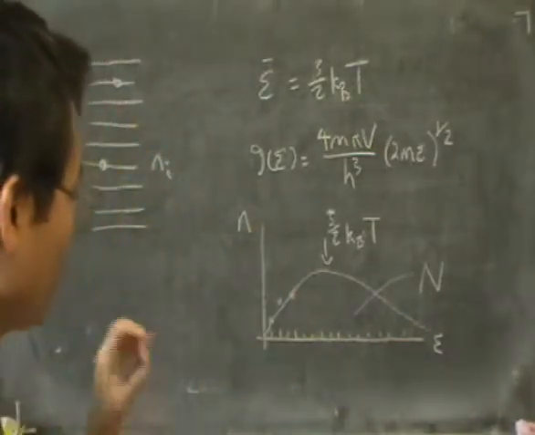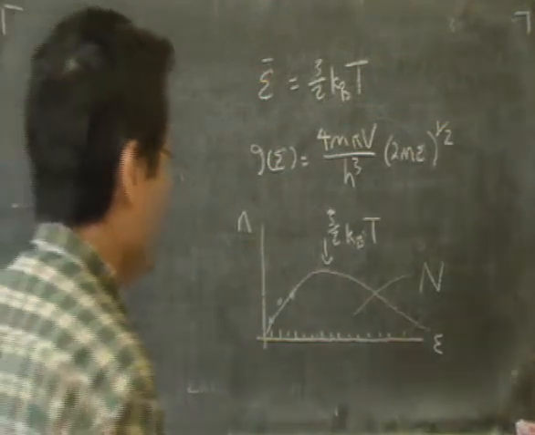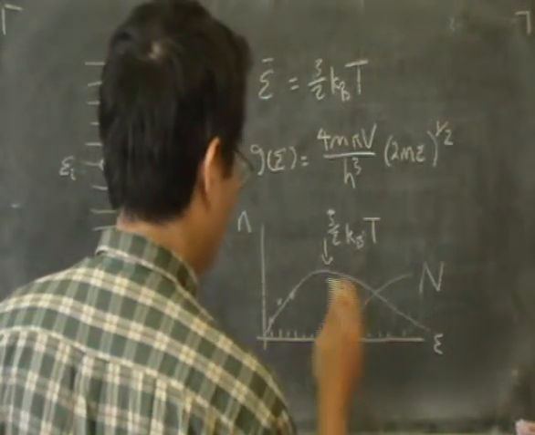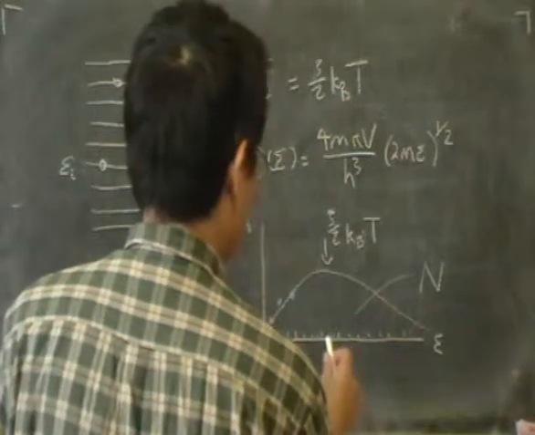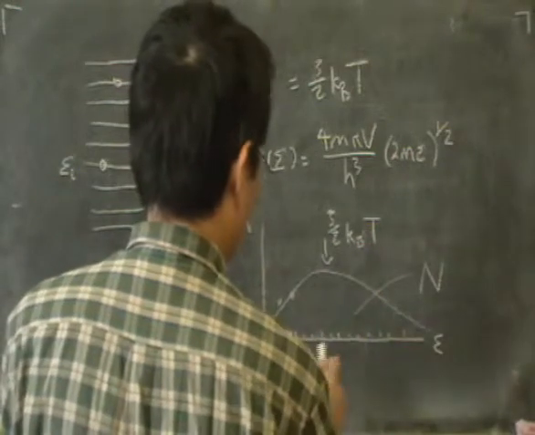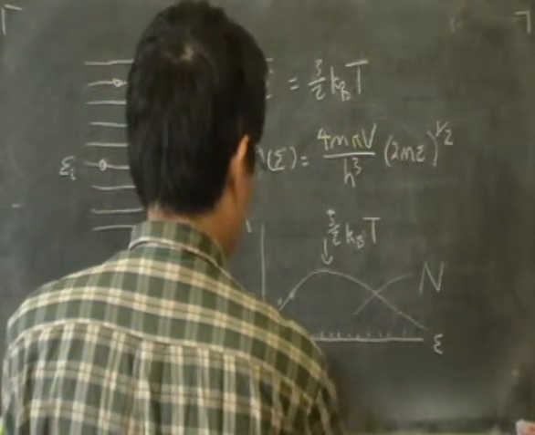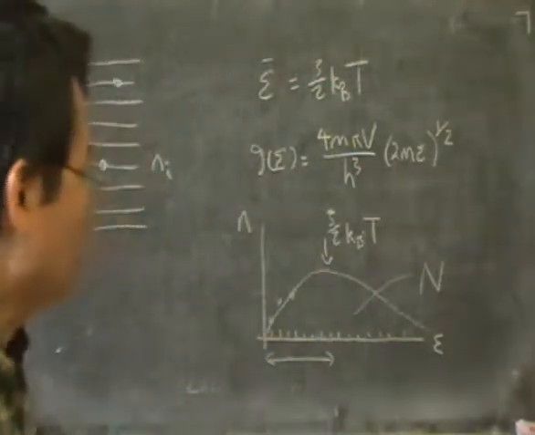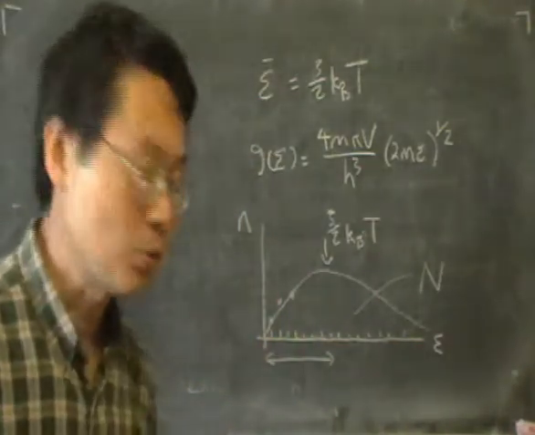Now, what is more meaningful is to compare, for example, a range of energy. So let me say, if I look at this average energy and compare the number of particles within that range with the number of energy states in that range.